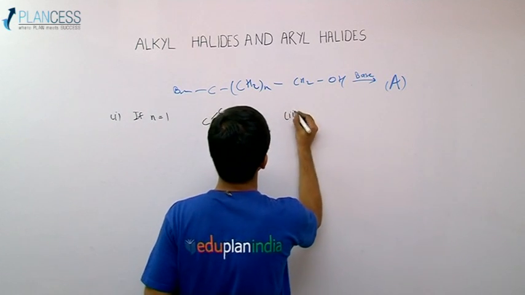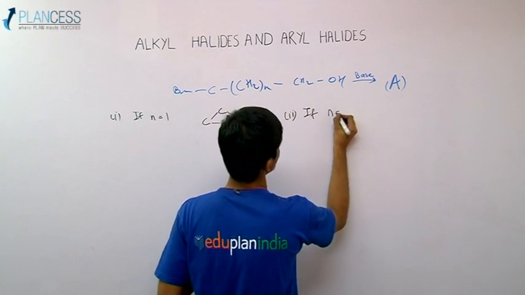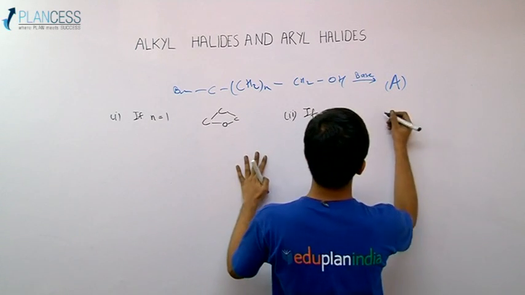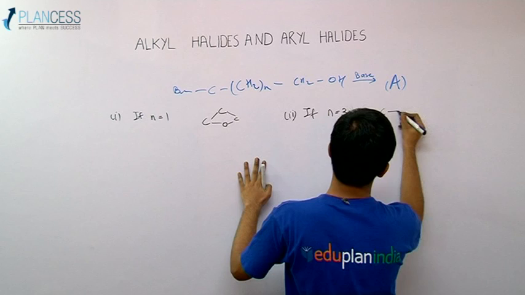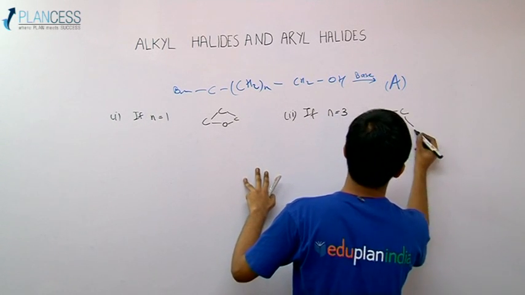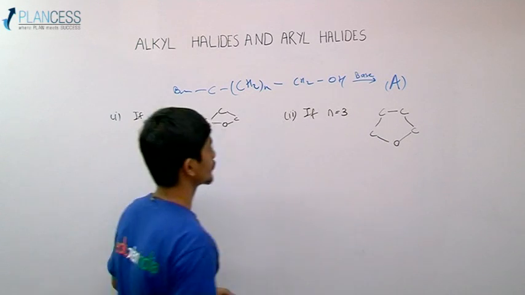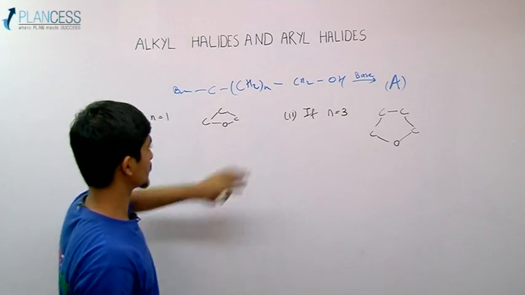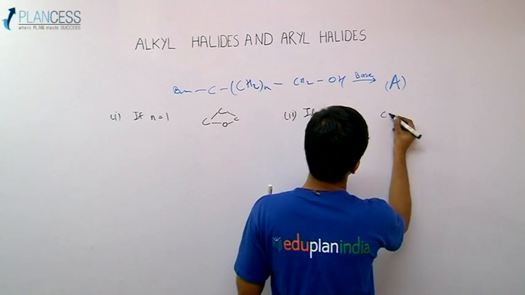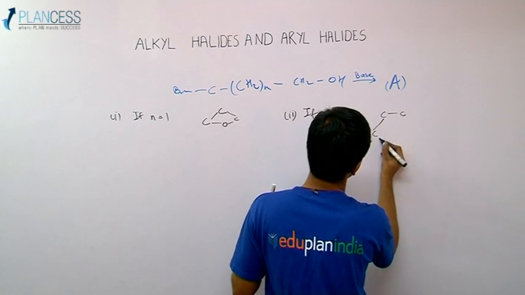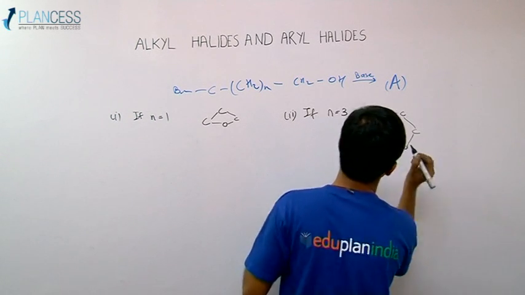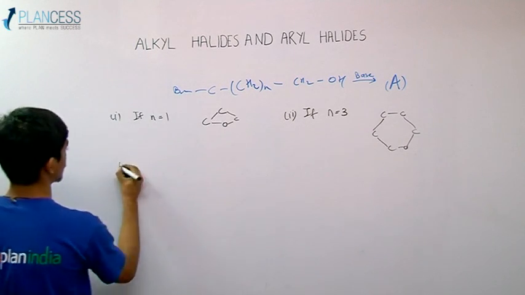And second one, if n equals to 3, then what happens? If n equals to 3, then in that case we have carbon, carbon, oxygen, 3 carbon. We have 4 carbons, but we have 5 carbons over here, so that means it will be carbon, carbon, carbon, oxygen, carbon. Fine.